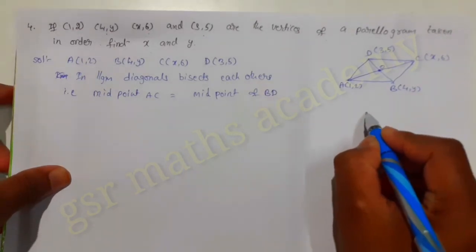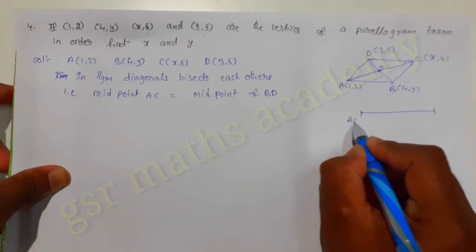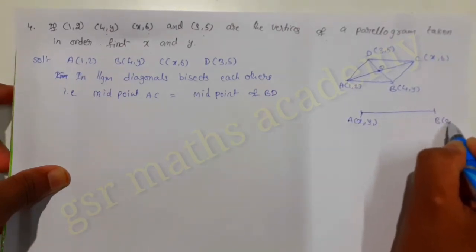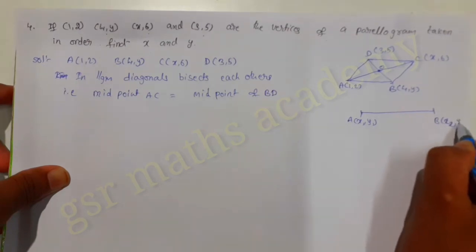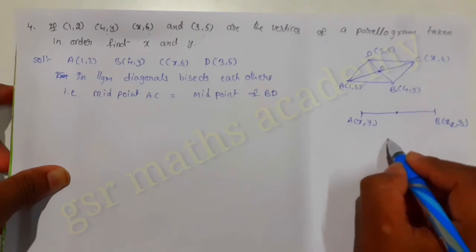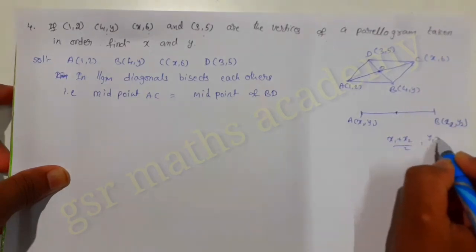Here you need to use one more formula, the midpoint formula. If you take a line segment with A (x1, y1) and B (x2, y2), the midpoint of the line segment joining them is obtained by (x1 plus x2) by 2 and (y1 plus y2) by 2.